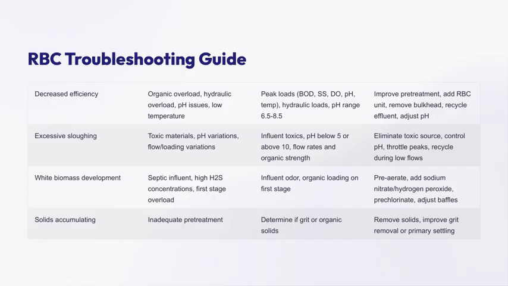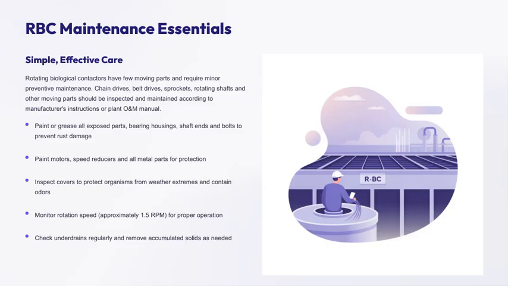You need to determine whether the solids are grit or organic material. Then, remove the accumulated solids by improving grit removal processes or primary settling, which helps keep the system running smoothly. Throughout all these issues, understanding the root cause and applying targeted solutions is key to maintaining an efficient and healthy RBC system.